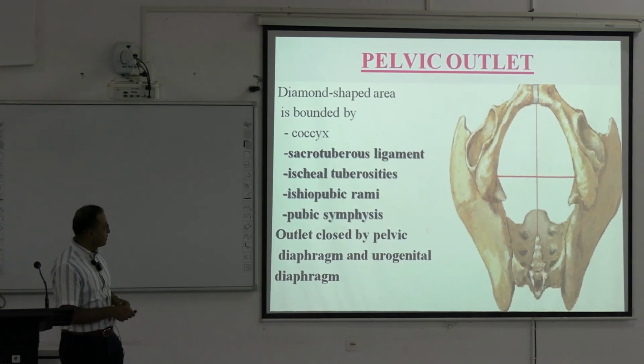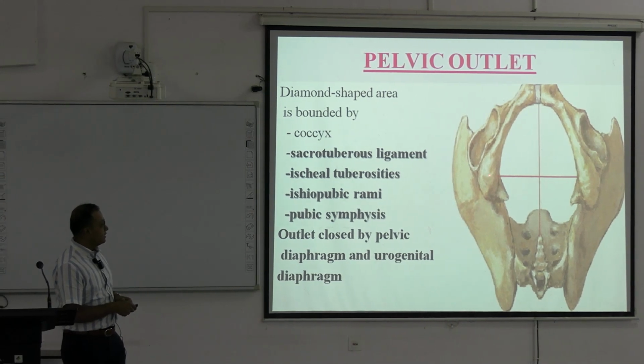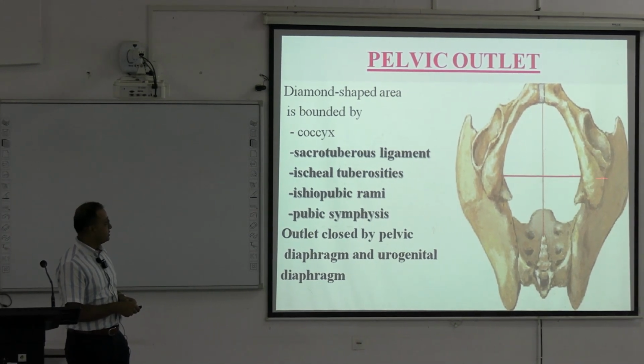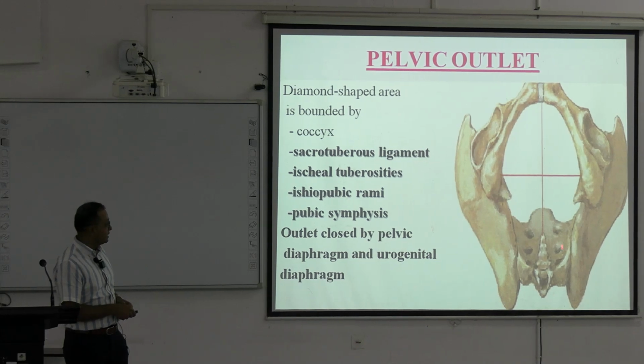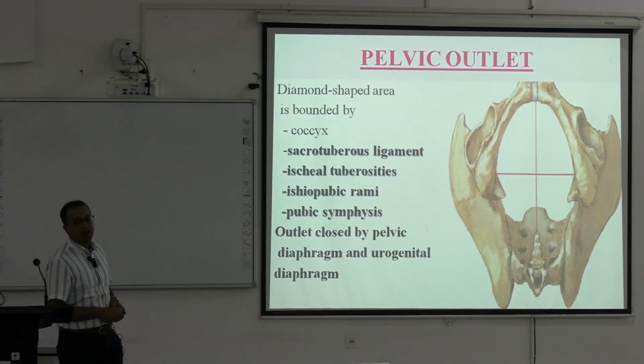That means it is a ligament coming from the sacrum going to this bony point, the ischial tuberosity. So this ischial tuberosity, on which we are sitting, has a ligament crossing over here, completing this pelvic outlet.